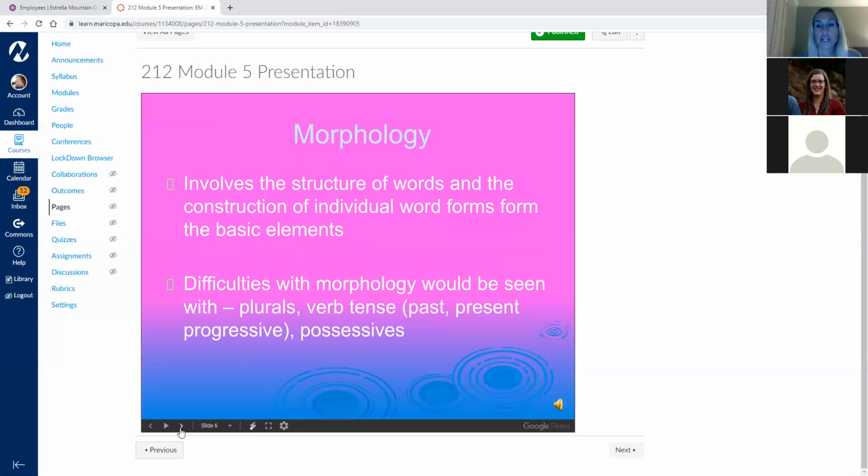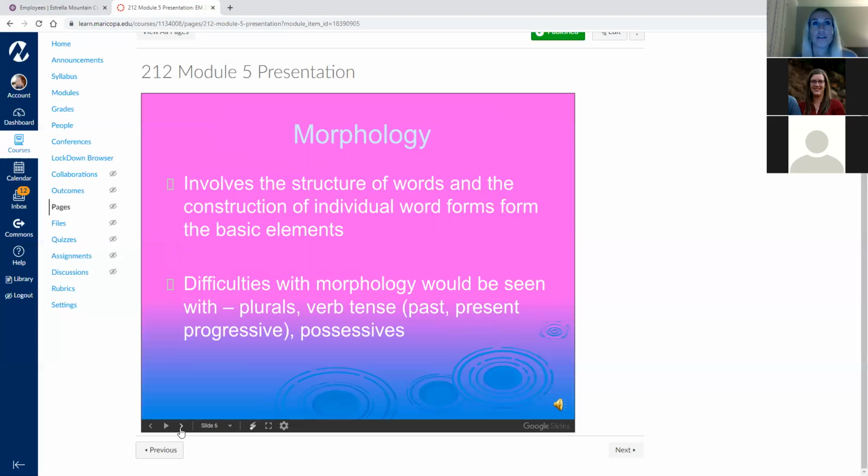When we're talking about morphology issues, we're looking at somebody having difficulty with plurals, verb tenses, especially the past, present, and progressive, and then possessives, like how we show in our language that things belong to somebody. When I say morphological, I almost always mean morphological endings because that's usually what I focus on.